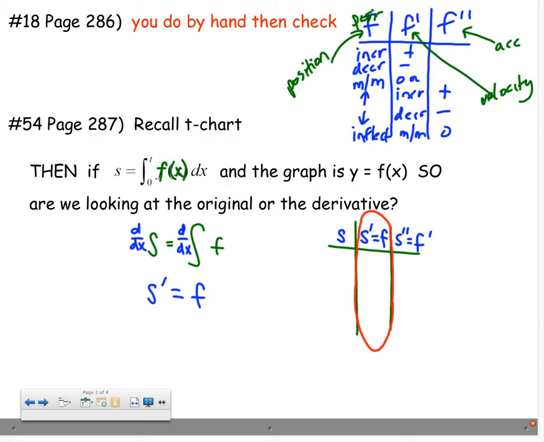So part A, what is the particle's velocity at time t equals 5? 2. Part B: is the acceleration of the particle at that time positive or negative? The relationship between that graph and acceleration is its derivative. So is the derivative or the slope at 5 positive or negative? You got it, negative. C, what is the particle's position at time t equals 3? This is new for us. We haven't done a question like this.